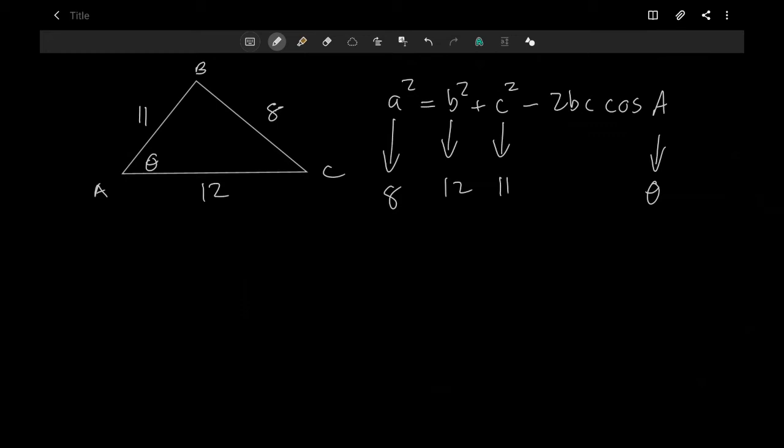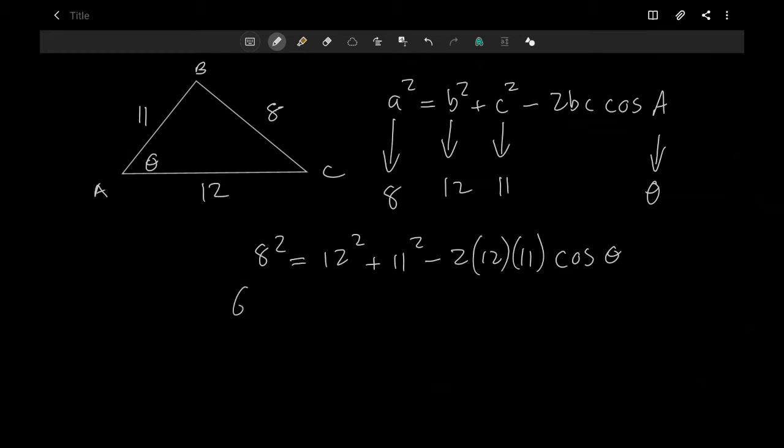Let's plug all of that into our equation. We get 8 squared is equal to 12 squared plus 11 squared minus 2 times 12 times 11 cos theta.